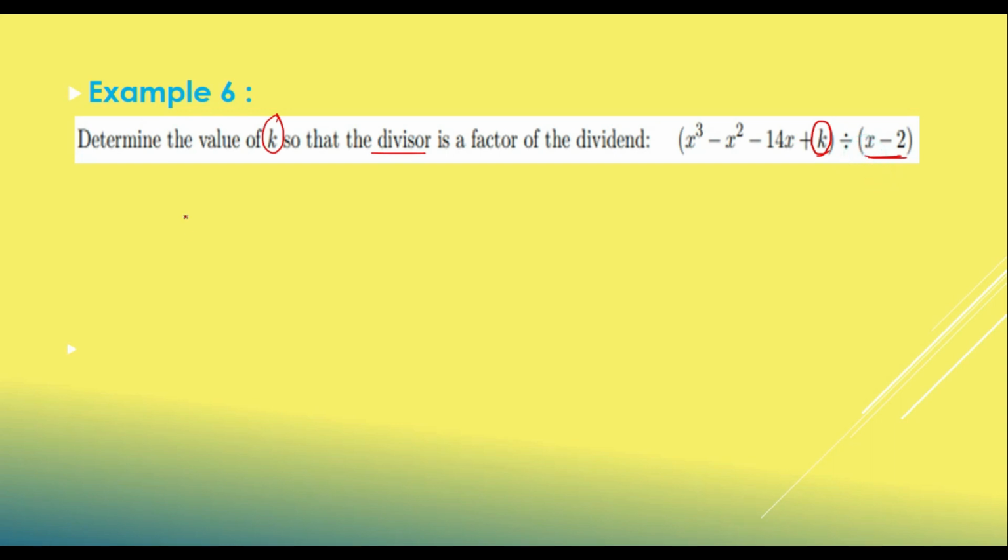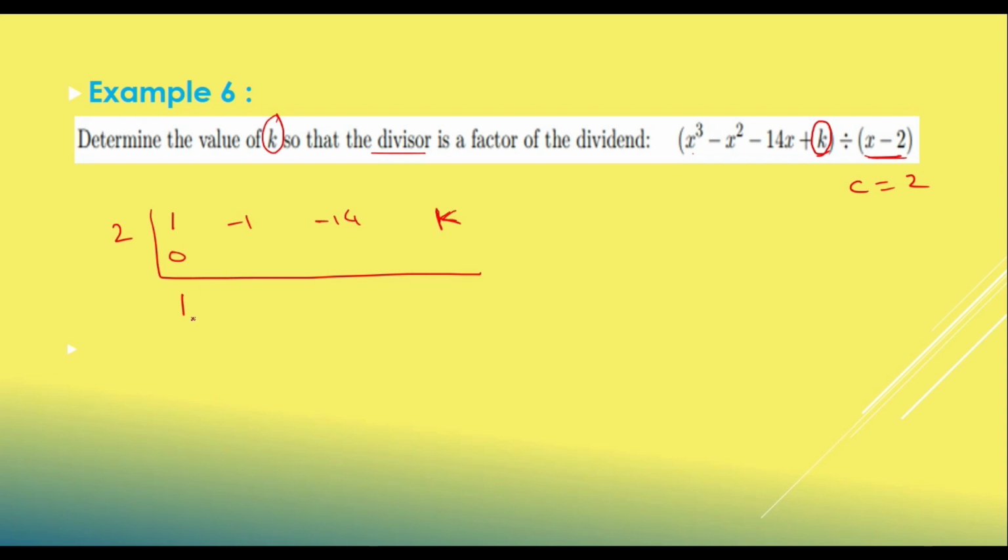Let us again start the synthetic division. Write the coefficients: x cubed is 1, x squared is minus 1, minus 14 for x. The constant part is just k. We don't know the value of k. And now c is 2. So divide. Use 0 here. 1 plus 0 is 1.